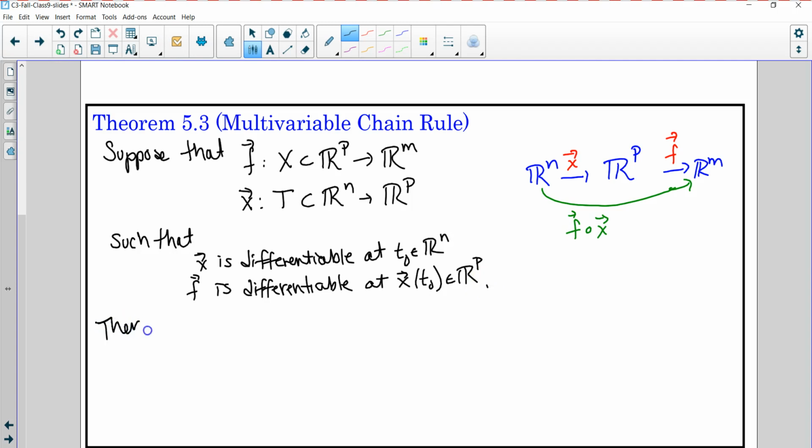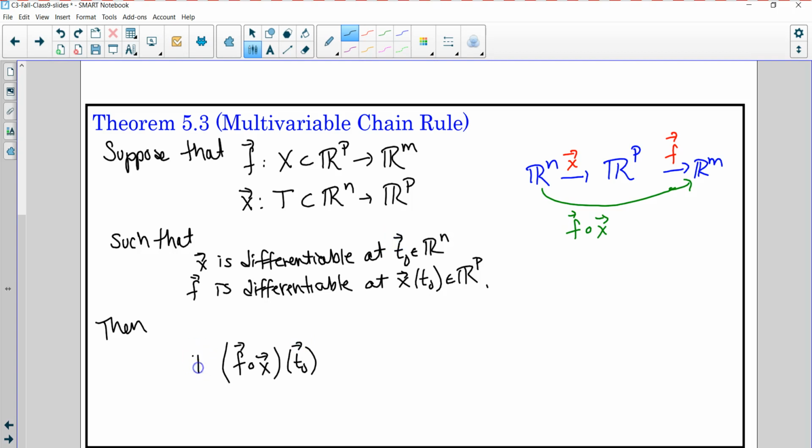Then, what can we say? Well, we're going to say f of x at t naught, okay, at our point, and I should actually make that a vector since it is in n dimensions.